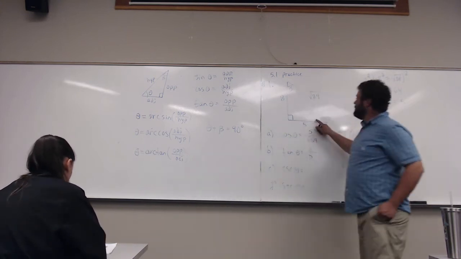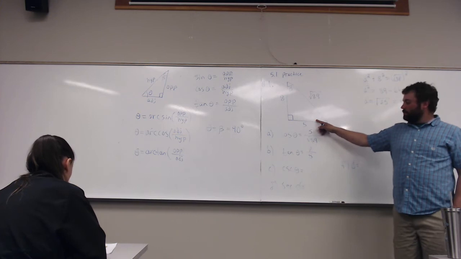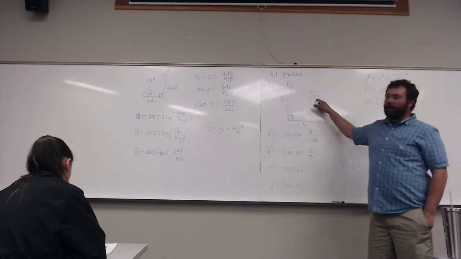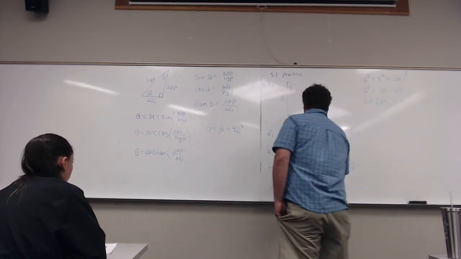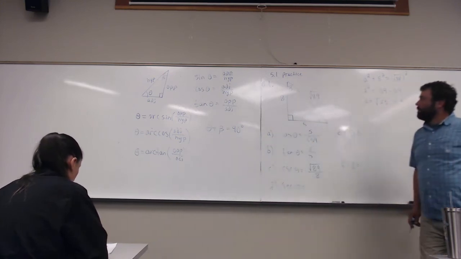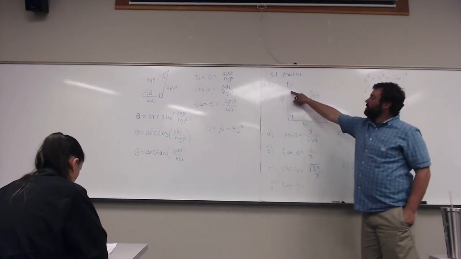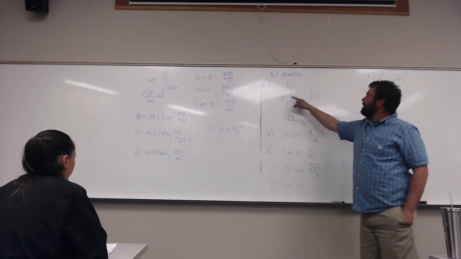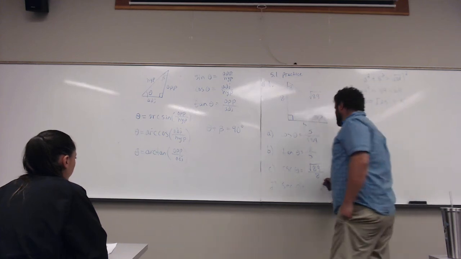Now, how about cosecant theta? It should just be the reverse. Yeah, it's the reciprocal of sine. Sine would be 8 over root 89, so cosecant is going to be the reciprocal, root 89 over 8. And secant phi is the reciprocal of cosine phi. Cosine phi is 8 over root 89.